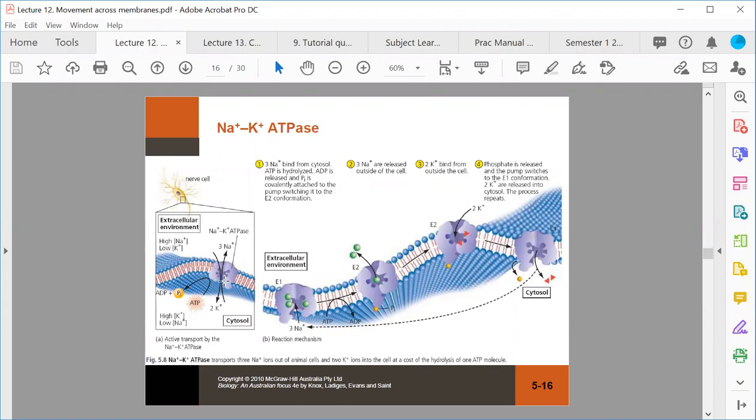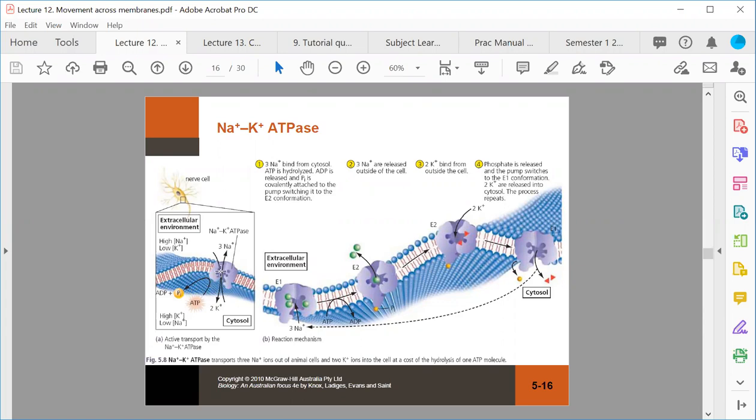Here's our sodium potassium ATPase membrane transport protein. It utilises the energy from ATP. So this is showing ATP hydrolysis to produce ADP plus one inorganic phosphate that was lost from the ATP in the first place.